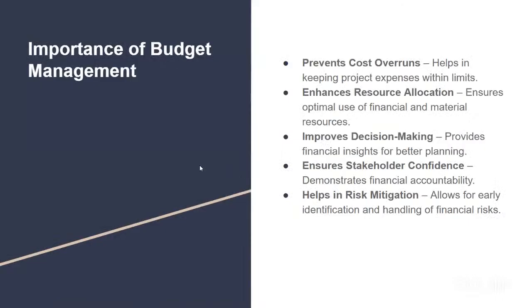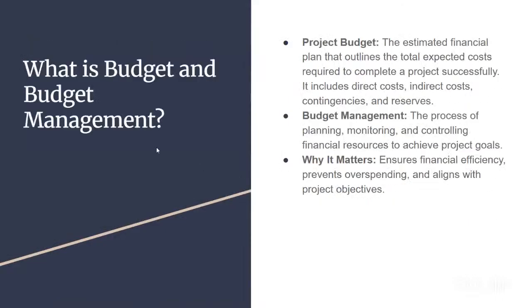So first, let's look at what budget is and what budget management is. The simplest definition of a project budget is a financial plan that includes an estimate of everything that needs to be done to achieve the project's goal.